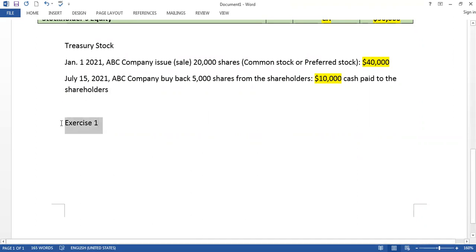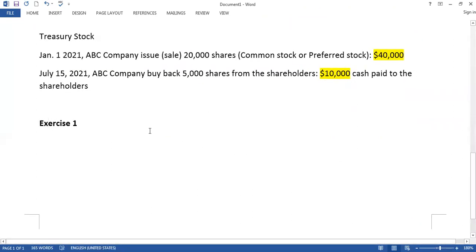See exercise 1. Again, ABC company issues 10,000 shares.